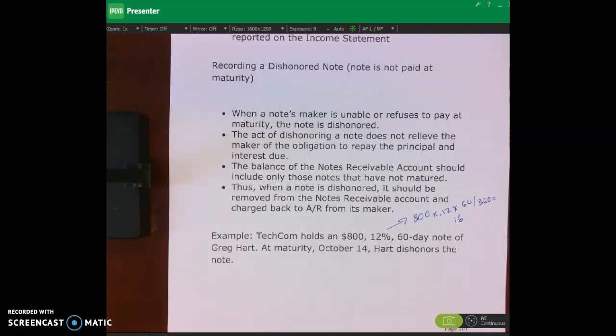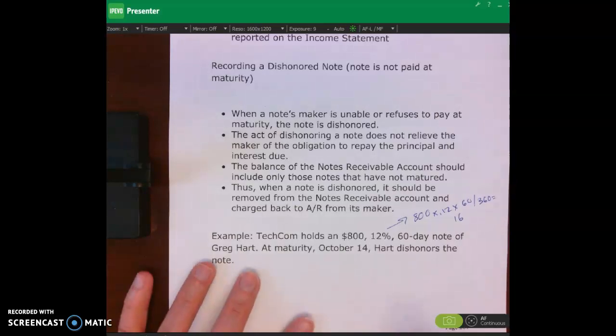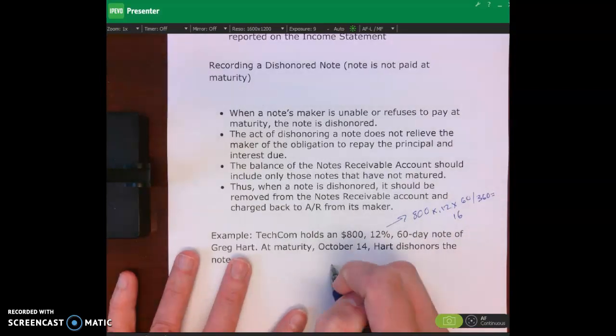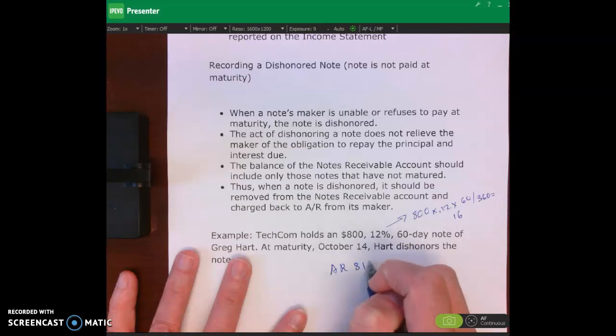$16 interest, okay? So what we're going to do when the note is dishonored is move it from notes receivable to accounts receivable. So rather than debiting cash, I'm going to debit accounts receivable for the principal plus the interest, which is $816.